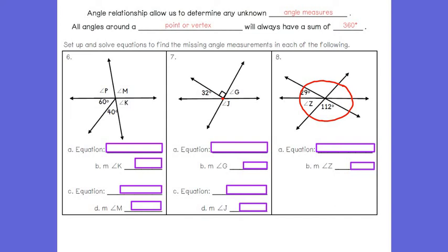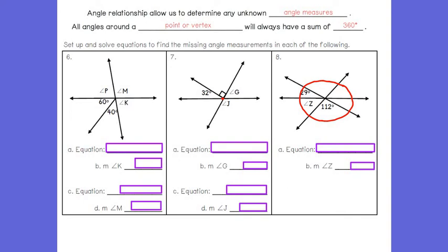These are really fun to me because they're kind of like escape room-ish puzzly things. So I use all 4 of my new vocabulary words to help figure out what everybody is. I know all of these add up to 360, but I know some of them make a straight line. I notice P and M are supplementary, right? But do I know what either of them are?